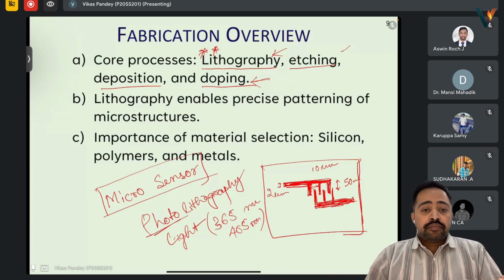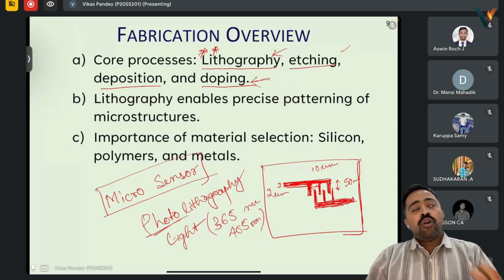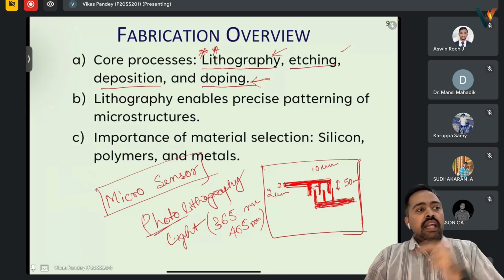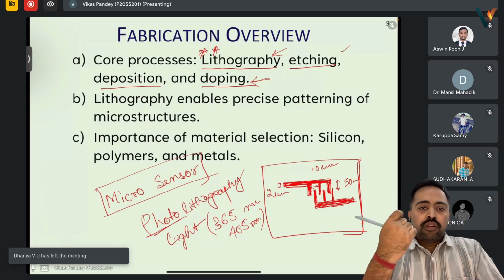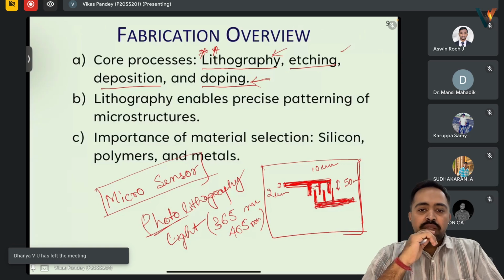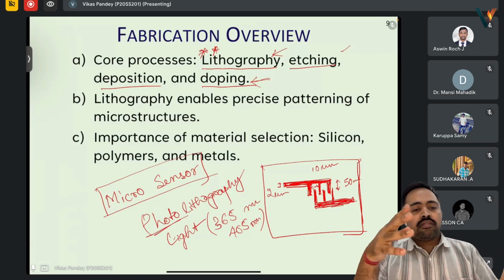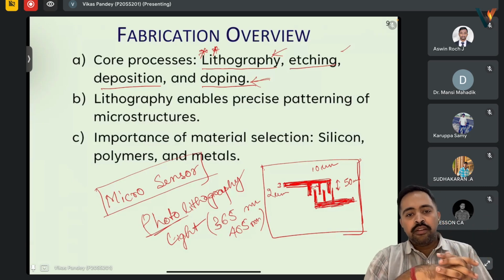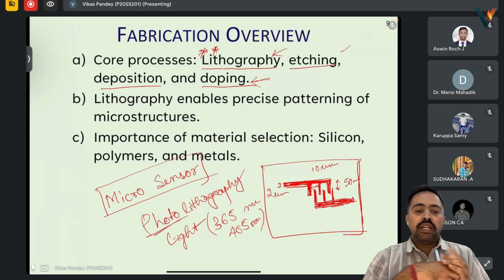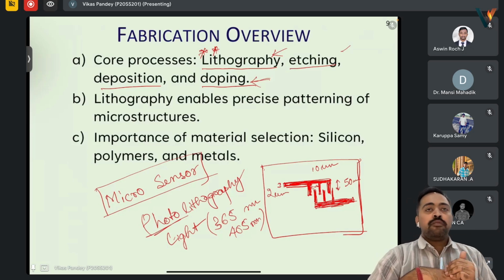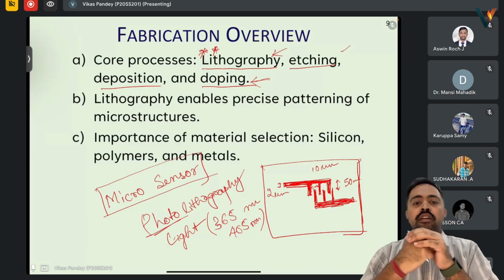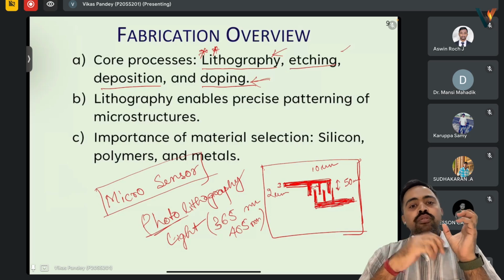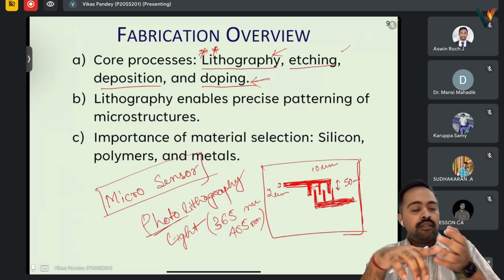The second thing is that in macro scale devices, if we have to make something, ideally we can make a structure using any material, but we choose materials specifically. When we have to make a building, we choose cement, sand, gravel.